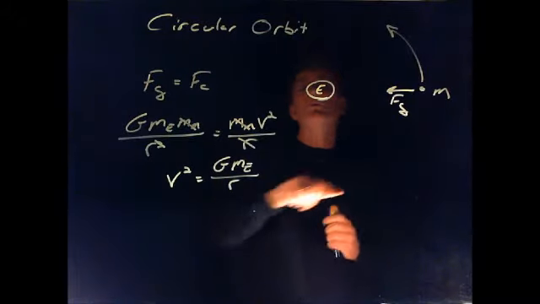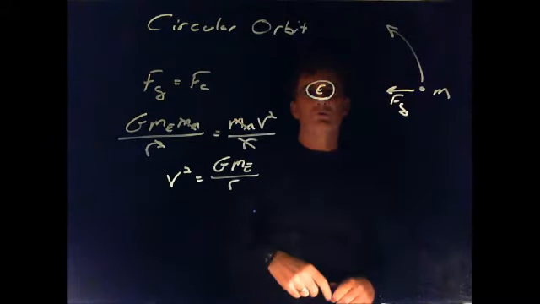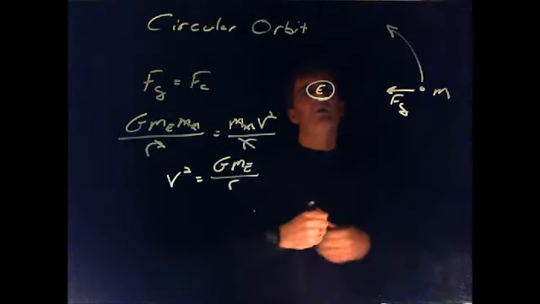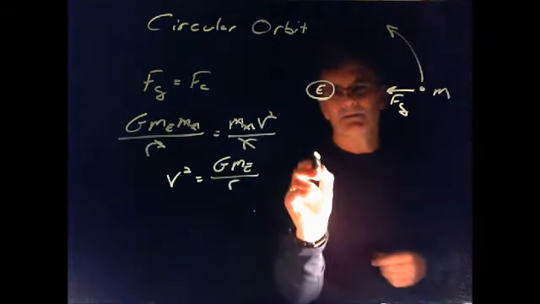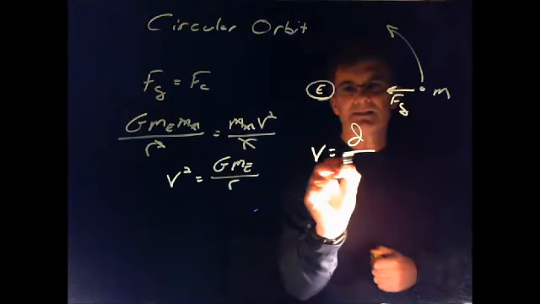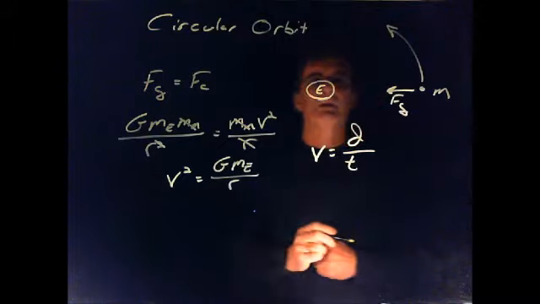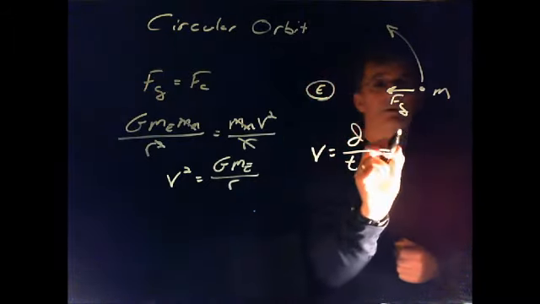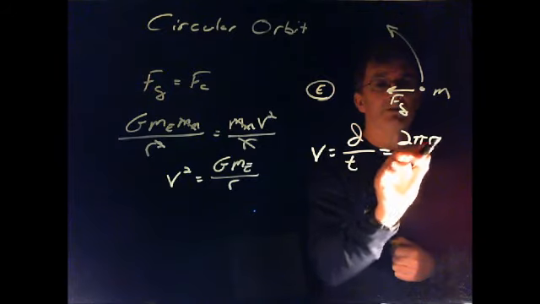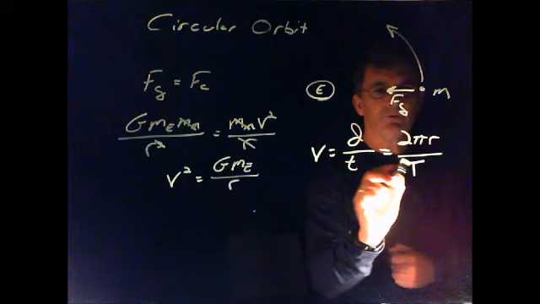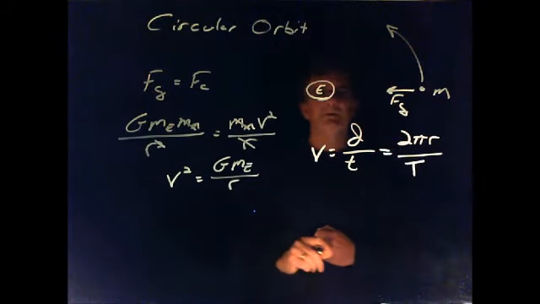If we're talking a uniform circular motion with this orbit, the velocity is constant. Well, when we're dealing with constant velocity, velocity is distance divided by time. The distance is the circumference, 2 pi r. The time for one full revolution or one full orbit is the period.